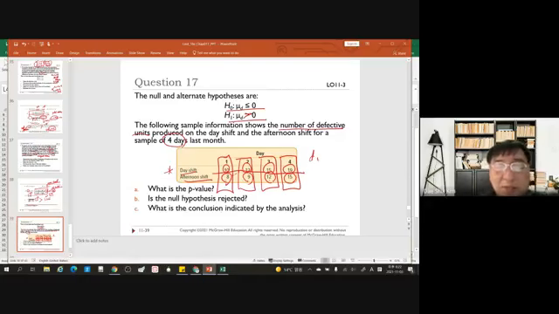Maybe some people drink a lot the previous evening, they're tired, and the morning shift has some problems. Okay, what is the p-value? What is the null hypothesis? Rejected, and what is the conclusion and so on.